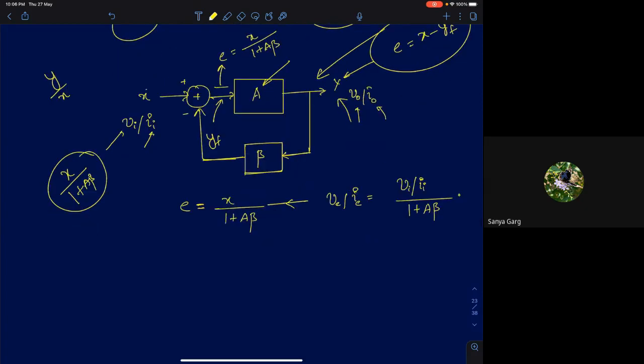And intuitively, we have already discussed, if I assume A is infinity, what will happen to the error signal, the input of the amplifier? That will go to 0, right?